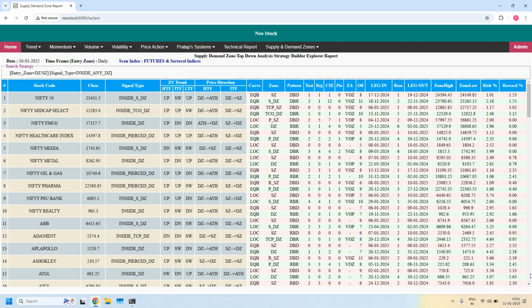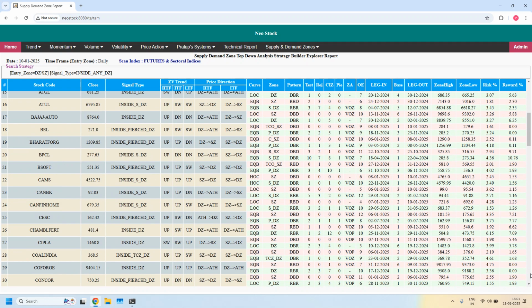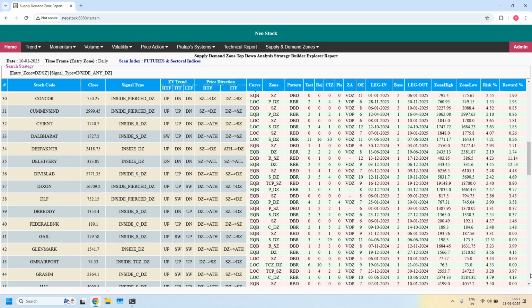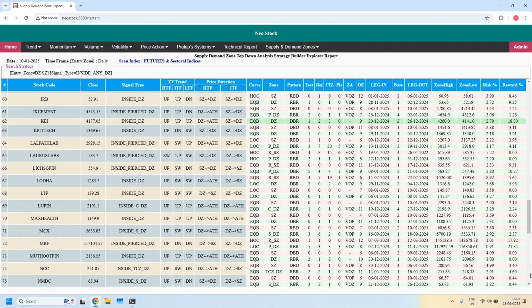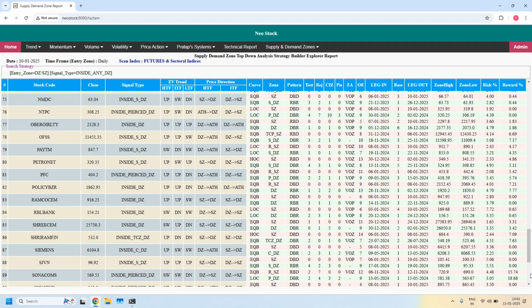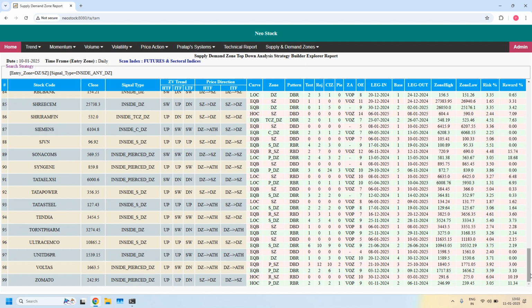Okay, I am scrolling the list down for your reference purpose. So totally 99 stocks are filtered, price closed inside the demand zone.